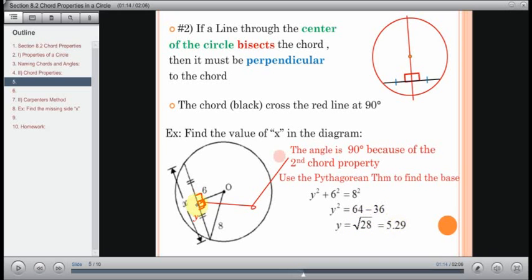So 5.29 is just that distance there. We're not done yet. We want to know the full distance. Well, that's 5.29. That's 5.29. So just go 2 times 5.29 to get your final answer of 10.58.